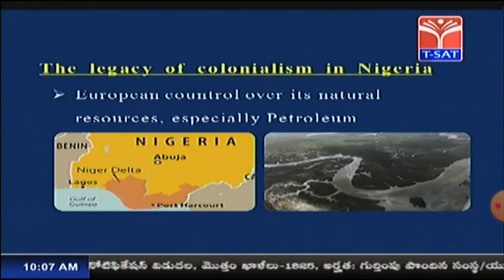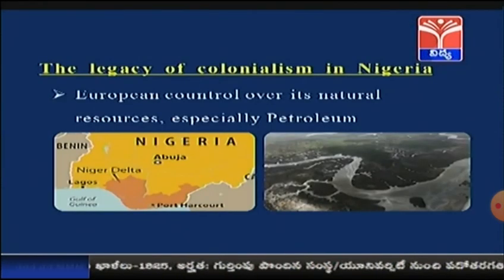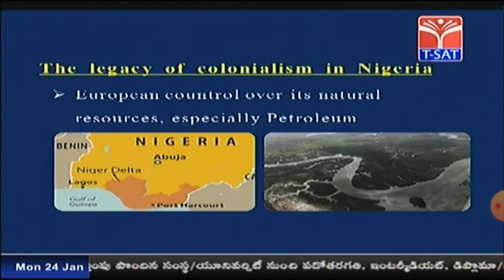But before Nigeria was politically organized into a democratic system, it faced many difficulties under colonialism. There was European control over its natural resources, especially petroleum. Children, we have learned even in the previous sessions that the European countries made colonies for the sake of raw materials.